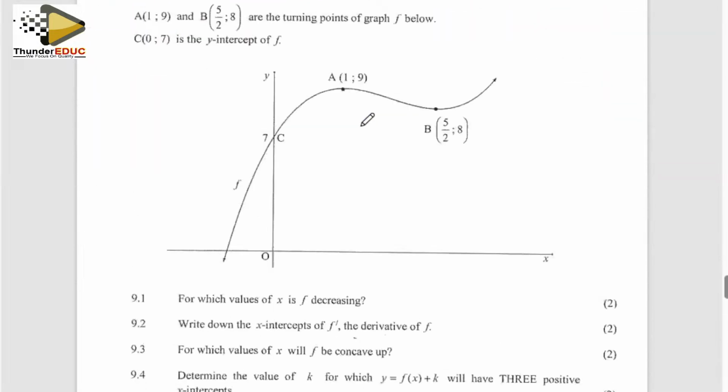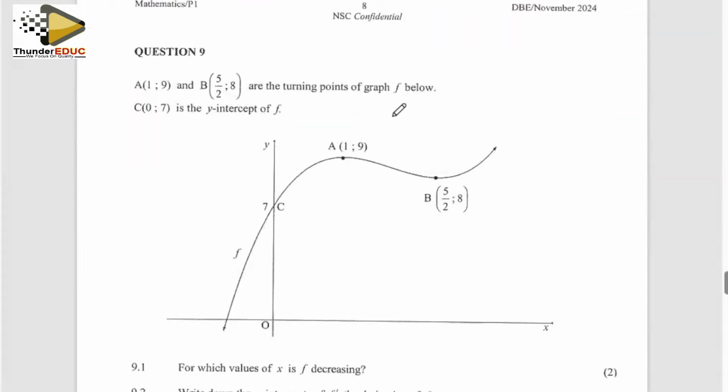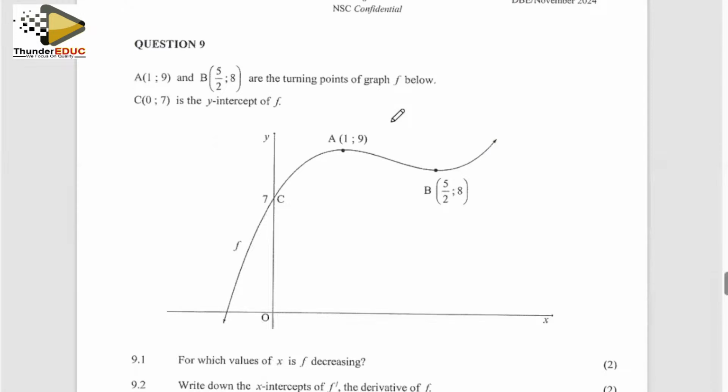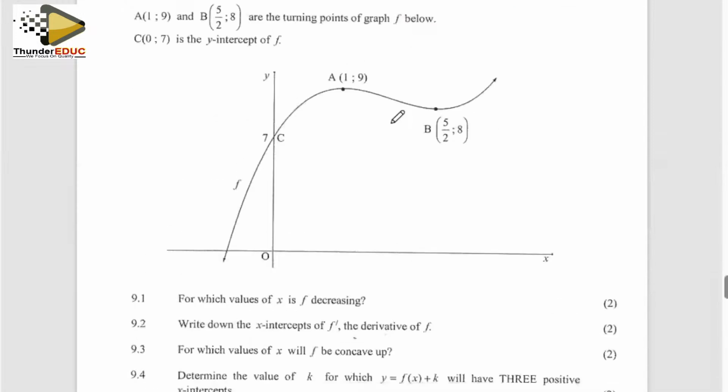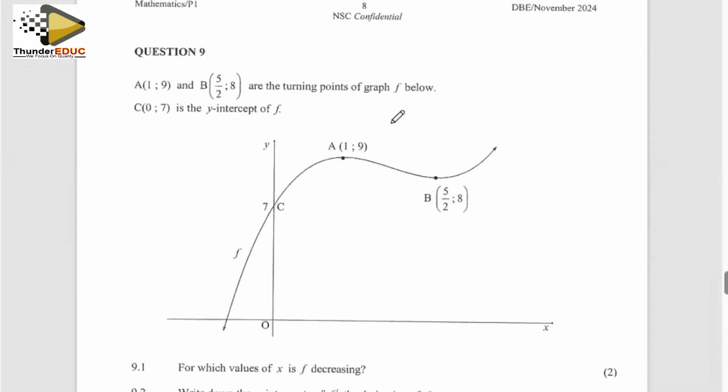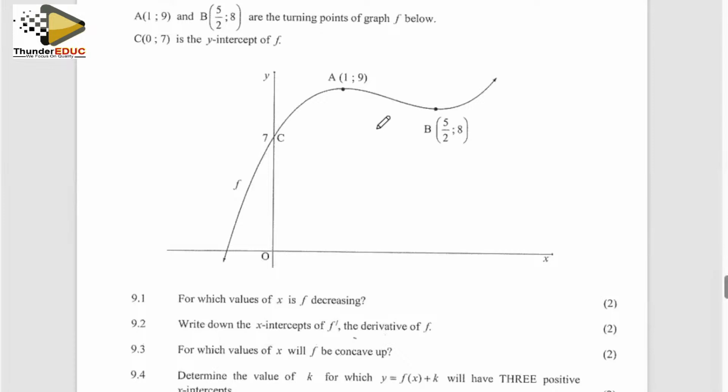All right, question number 9. This was a weird question. Very weird. Telling us that A is (1; 9), B is (5/2; 8) and these are the turning points of the graph.